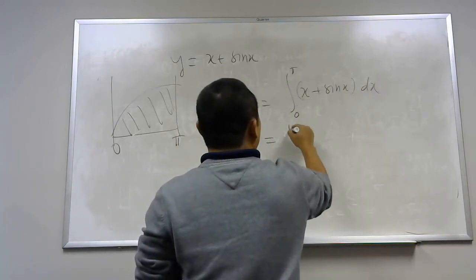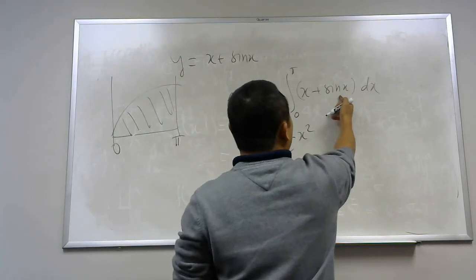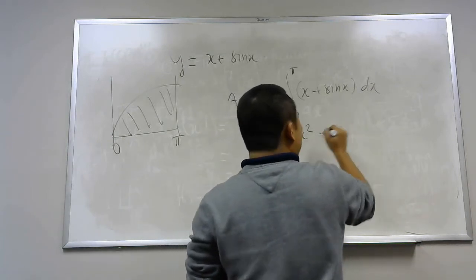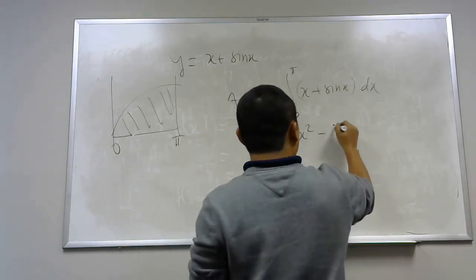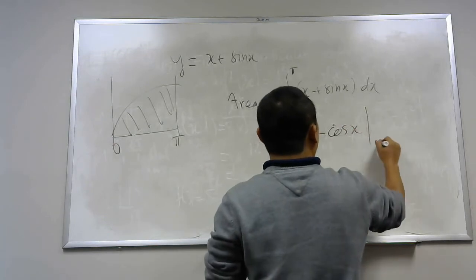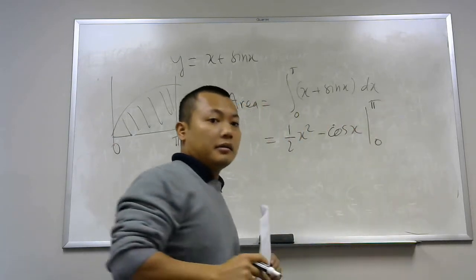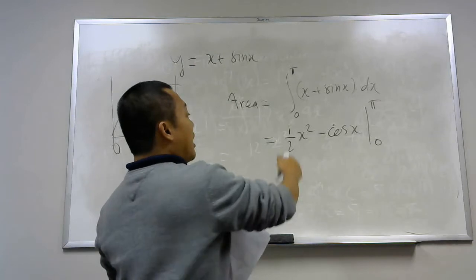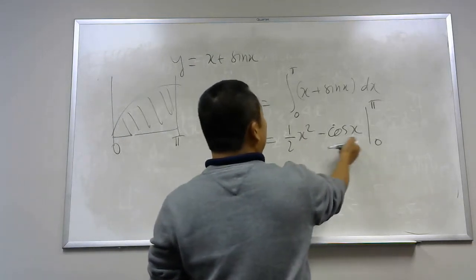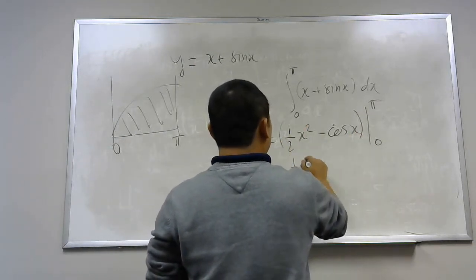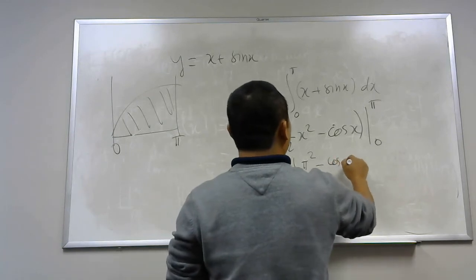which is 1 over 2 x squared. The integral of sine is negative cosine, right? Evaluate from 0 to pi. So how to evaluate this? You plug pi into this function. That's 1 over 2 pi squared minus cosine of pi.